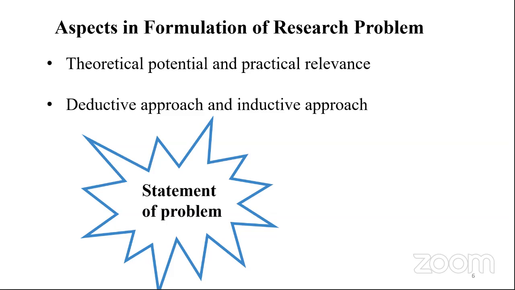And one is required to describe the background of the study, why they have chosen that, the theoretical basis for choosing that problem, and what assumptions were made while this research problem was chosen.